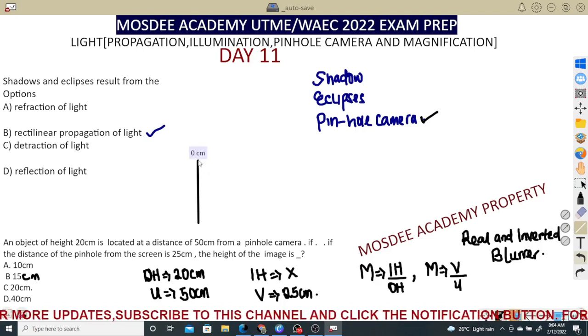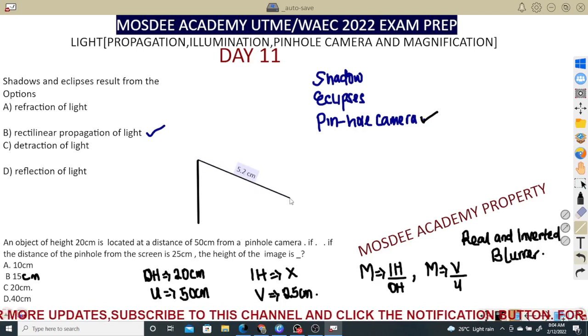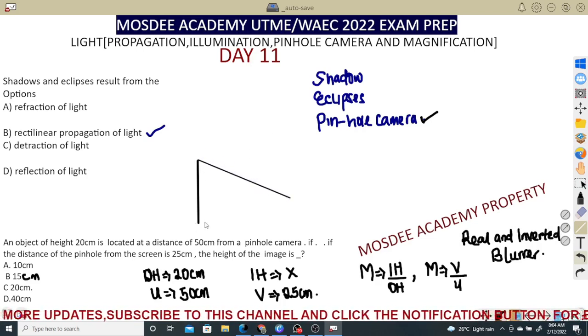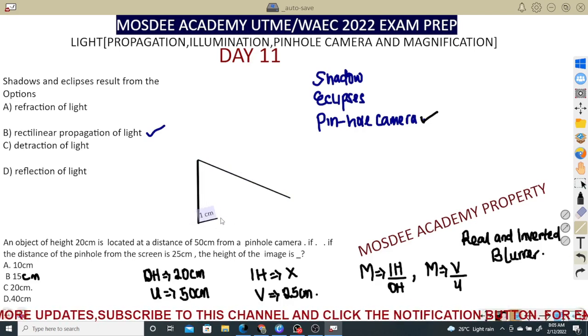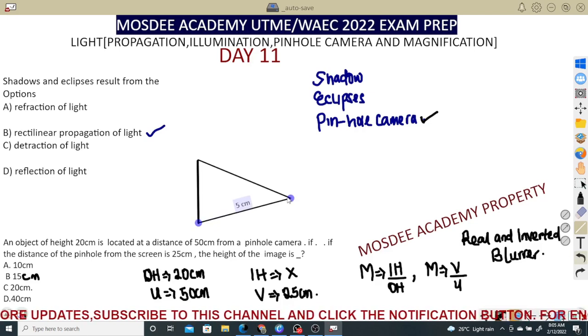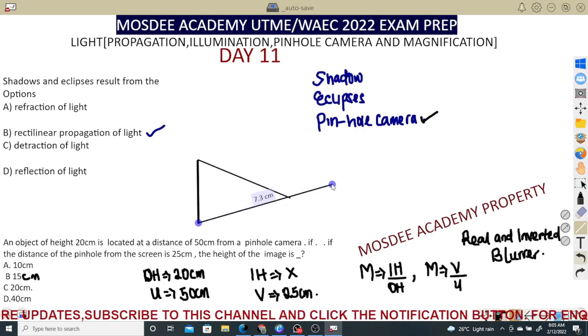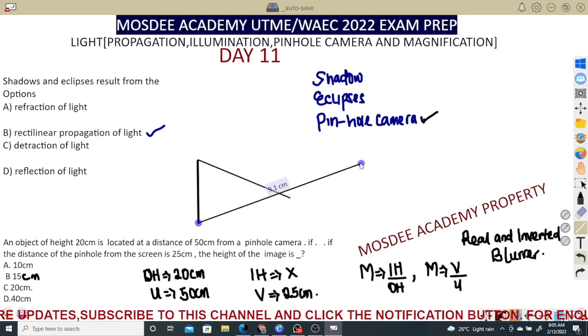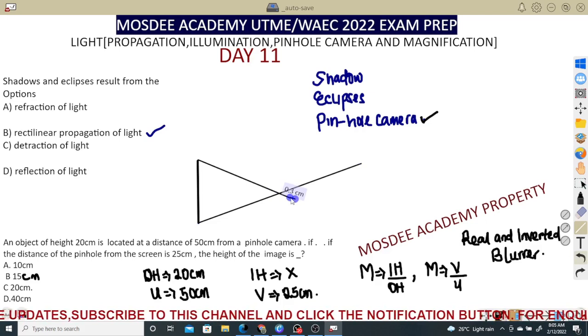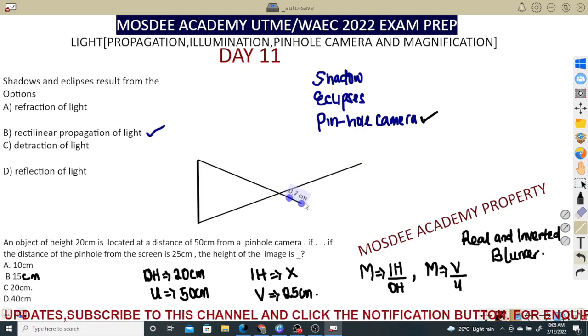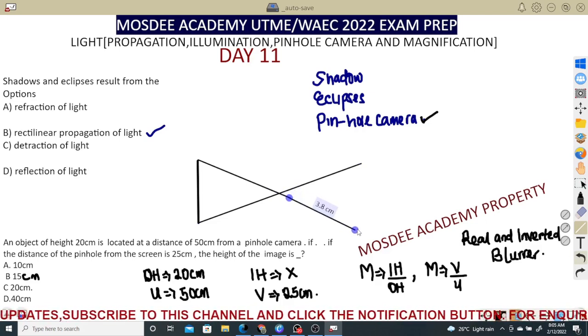The black is still okay. See, the ray of light is coming like that. Wherever the rays of light meet is the point where the image is formed. Look at it, it's meeting here. So I can extend the line and meet there, and let me come here also. It should be a straight line anyway.